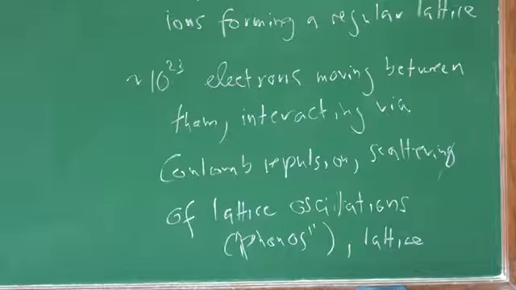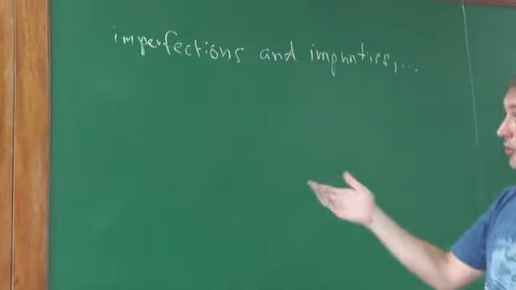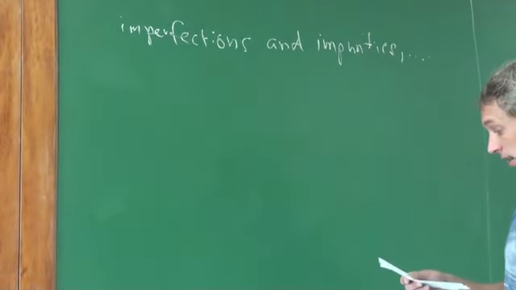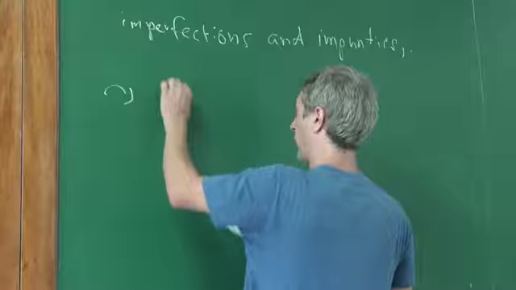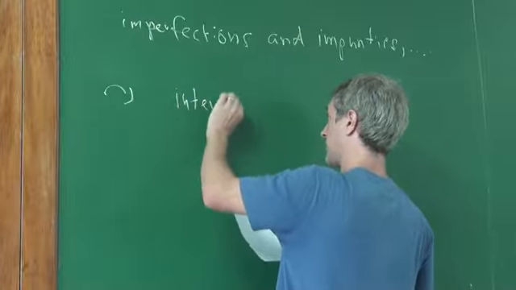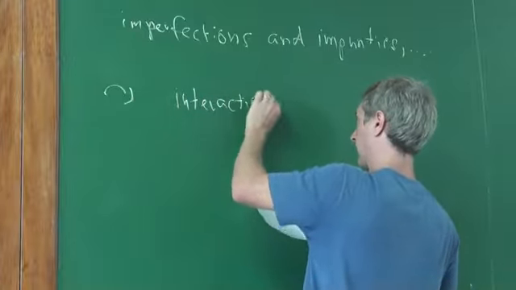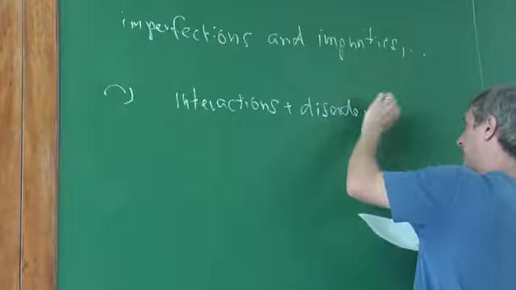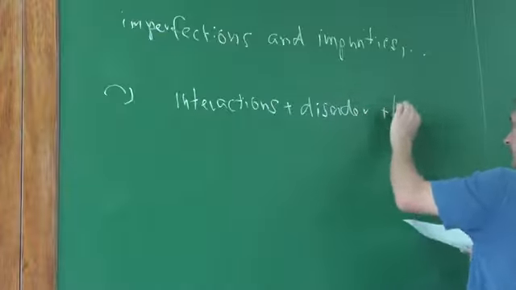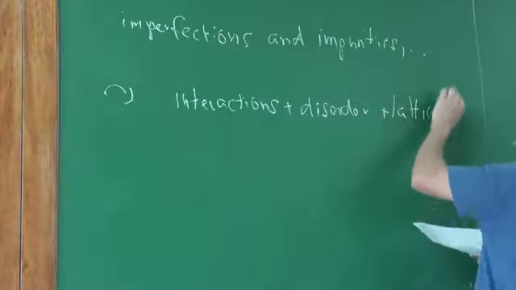And of course, if one has an experiment and sees something, one has to determine what is responsible for the thing that one observes. So in general, one has a problem where one has interactions, one has disorder, and one has the lattice still with its own dynamics.